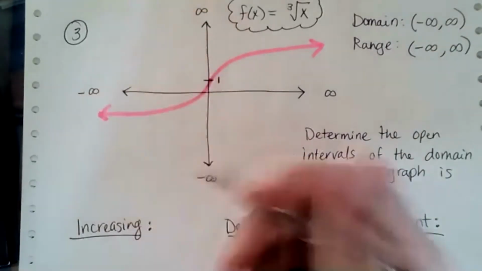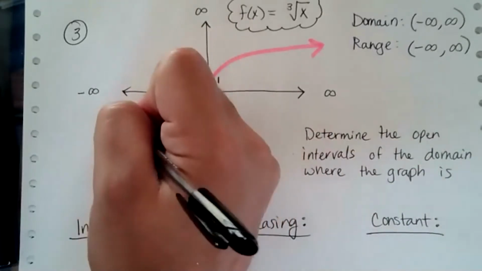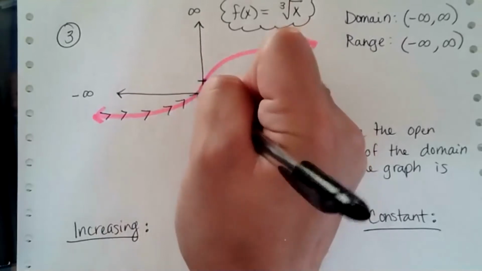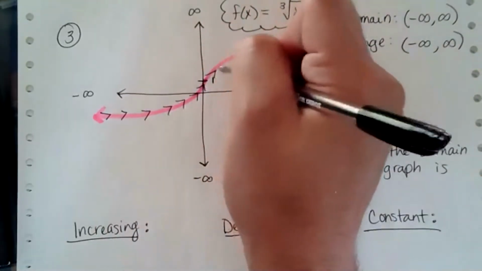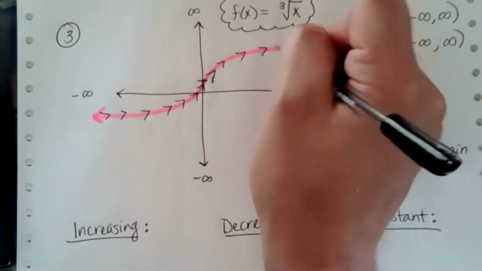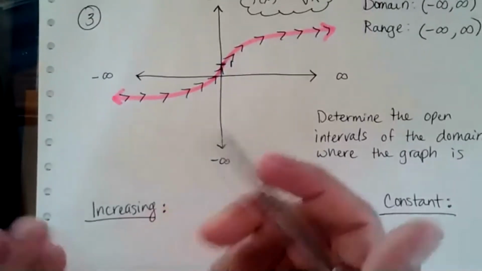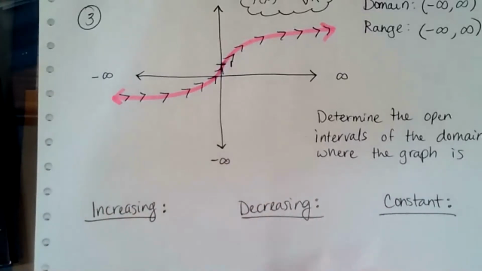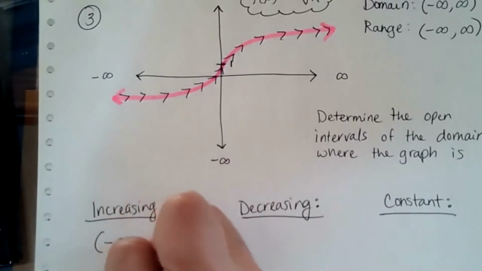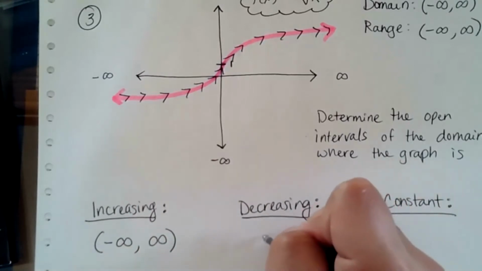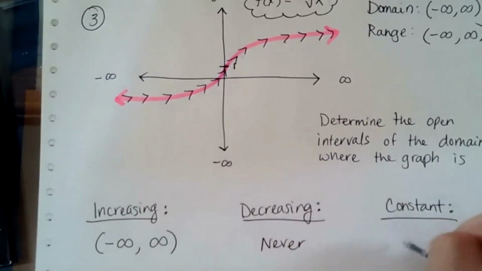Yeah, so if you think about it, this graph, as you read it from left to right, looks like it's going up, up, up, up, up. Maybe it gets steeper, but it's still going up, and then it gradually goes up. So we would say that this graph is increasing along its entire domain. So it's increasing from negative infinity to positive infinity. It's never decreasing, and it's never constant.